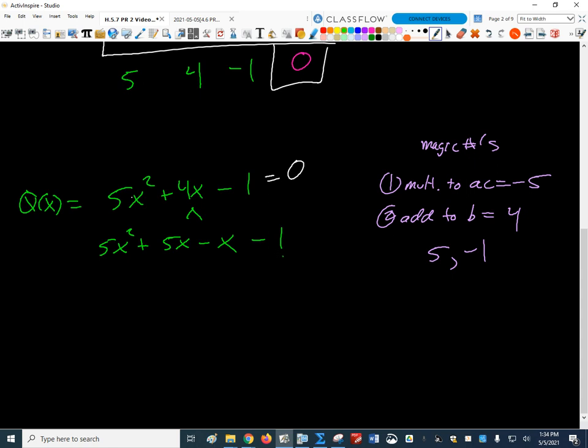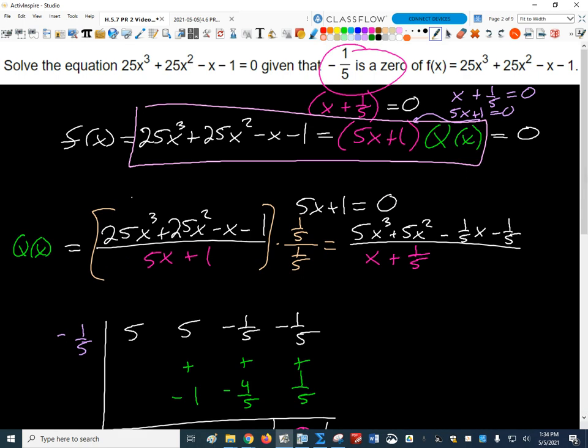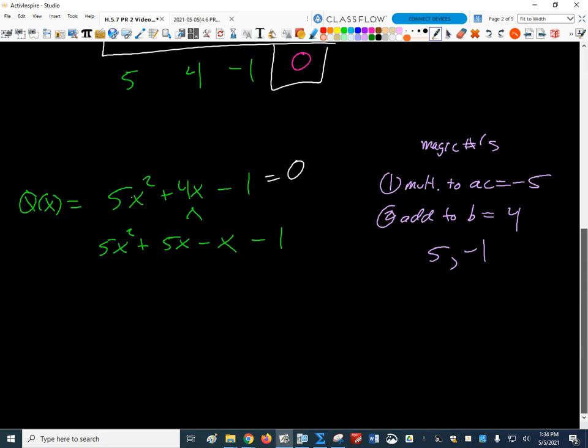Okay, so we can factor this by grouping. What's my GCF of the first group? 5x, okay. And what's left behind? x plus 1.